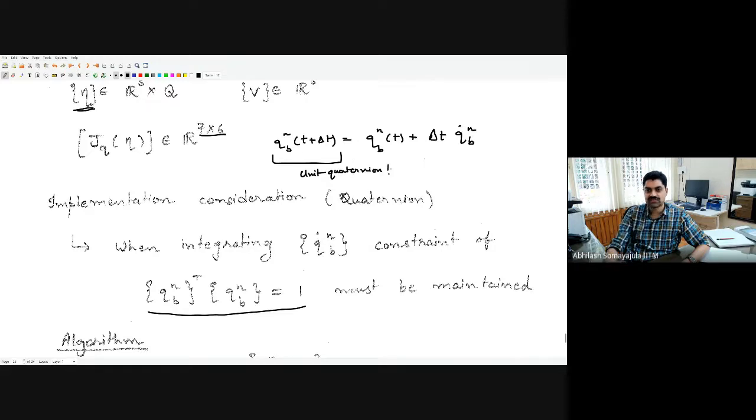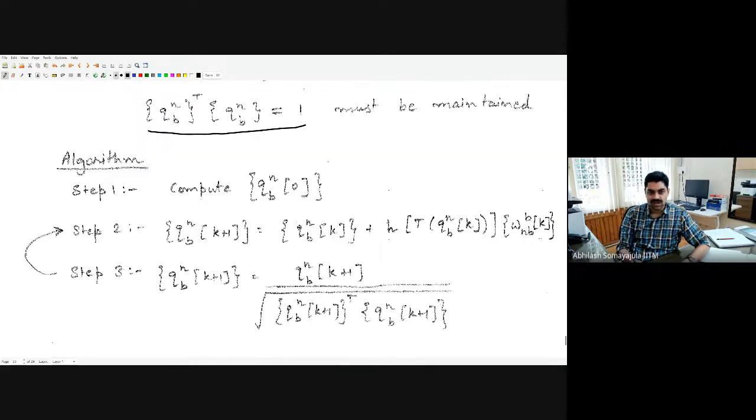Which means that when I'm implementing, I will compute the value of the quaternion at time step 0, and I'll step it forward in time where I get the value of the quaternion at time k plus 1 using the value of the quaternion at time k, and where I'm using this expression to denote q dot BN that we just derived, and I'm Euler time stepping it by a delta t equal to h.